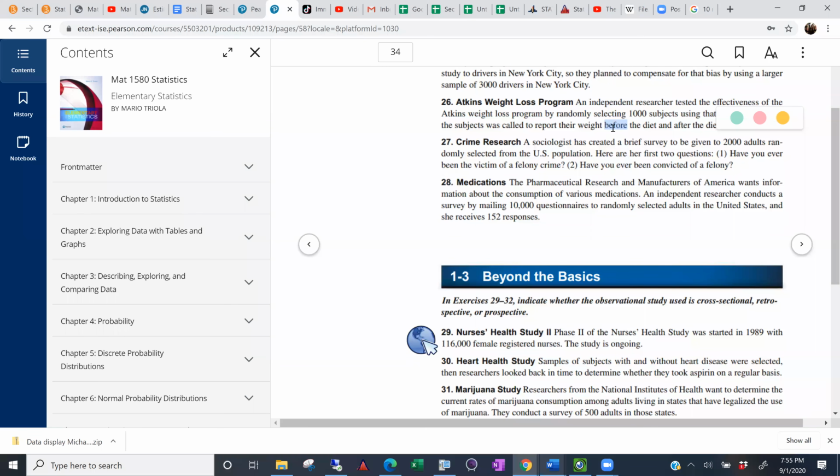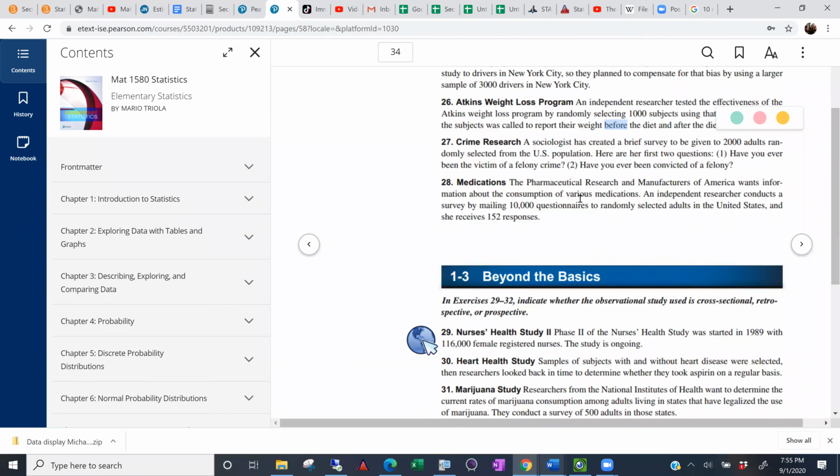And so there's an intervention there, and that intervention is the diet. Even though they kind of chose that maybe for themselves, it still feels like you're changing their circumstances. So there is some experiment going on with their weight. Like I said, this one's not quite as clear as I might like. So maybe we should do one last one, problem number 28. Is there any more discussion on problem 26 though?